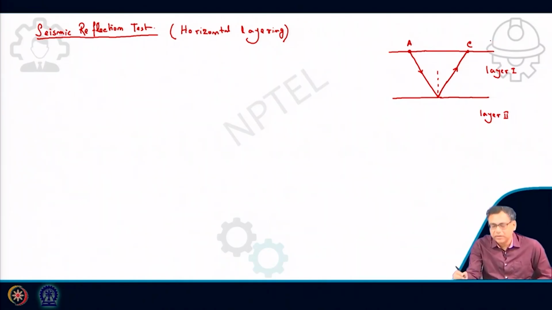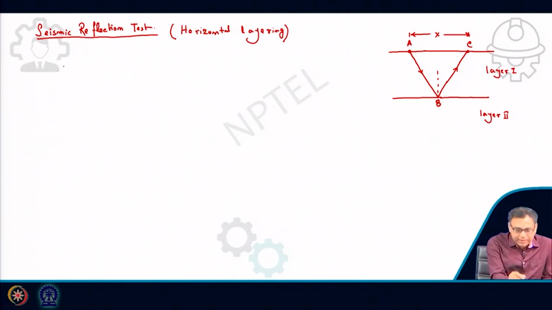So, I have considered this wave because it is received by the receiver placed here. The distance x is the distance of that receiver from the source. So, A is the source, C is the receiver or geophone, and this is point B.